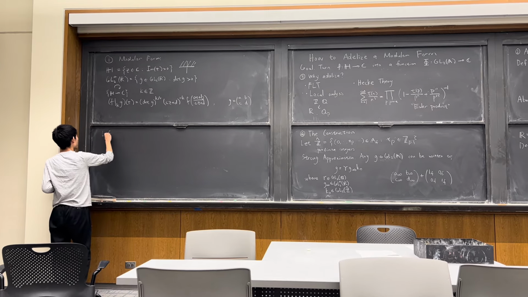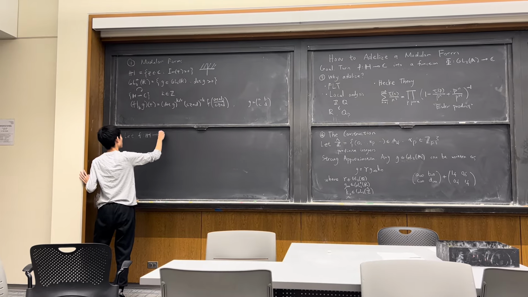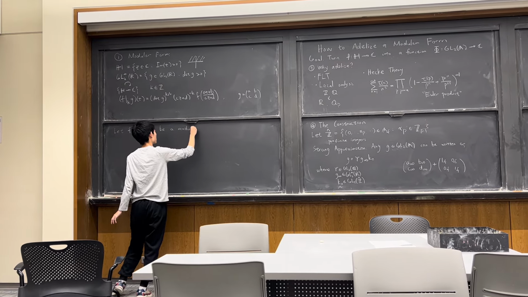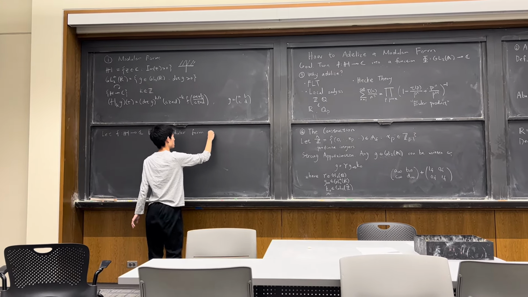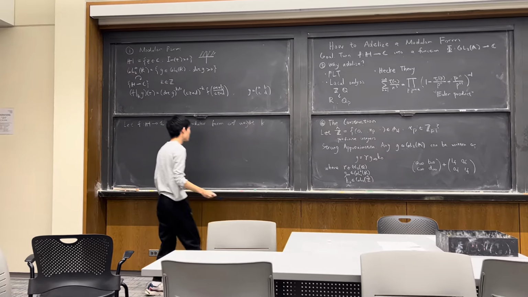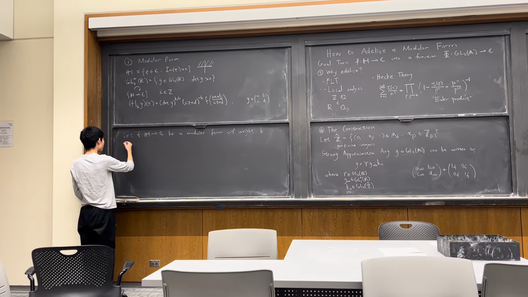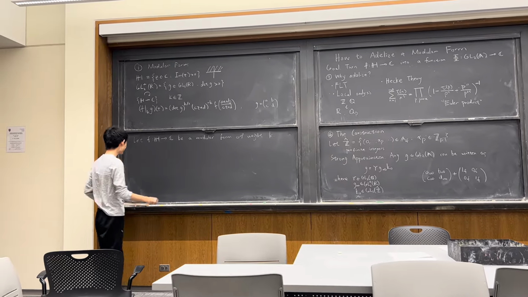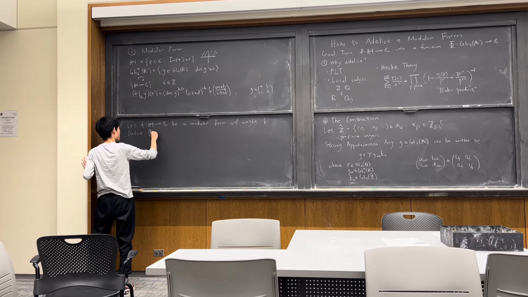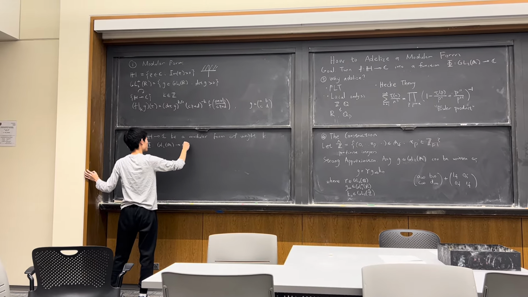So let f be a modular form of weight k at level 1, but I'm just not going to say that now. Now I'm going to define, adelize it like this. Define phi from GL2(A) to C as follows.